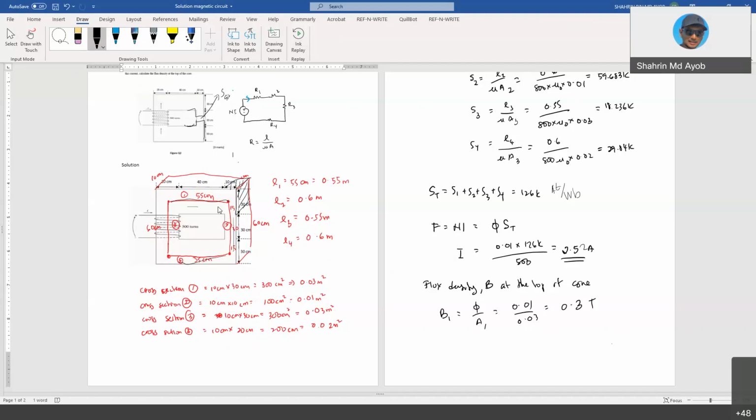For the third section, this is the cross section. While the fourth section, this is 10 centimeter, this is 20 centimeter, so the cross section is different for sections. The concept is you need to know the length and so on.